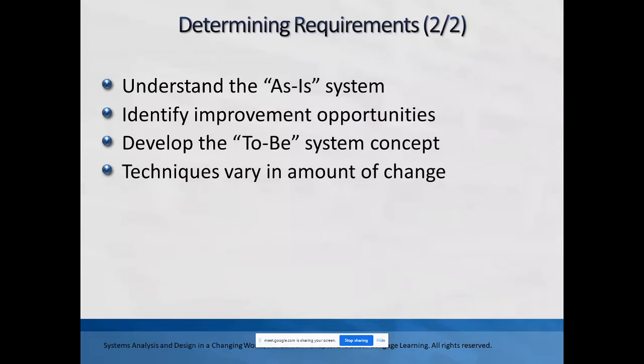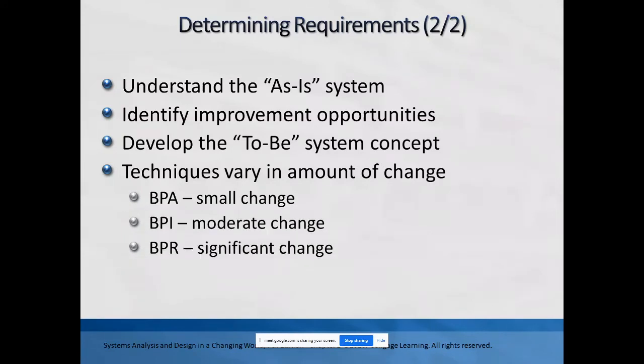And then finally, based on your decision for investment, what perhaps you've been approved for with time and money, you start developing this concept for what the system will be. And again, I've already addressed the BPA, BPI, and BPR, the small change, the moderate change, and the significant change, depending on how you're moving away from the as-is system into the to-be system.